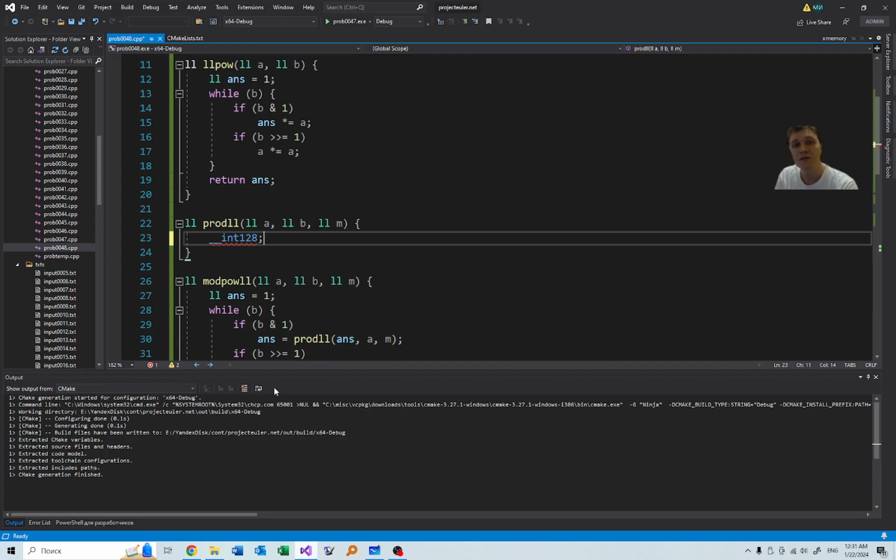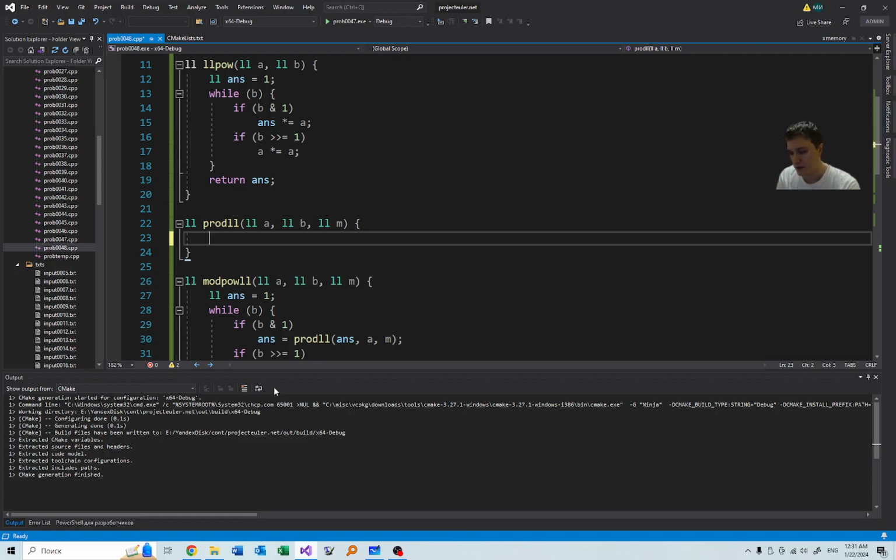But this is overkill. There are plenty of ways to make a modular multiplication without the usage of int 128. And one thing is if m is less than 2 to the power 57, then we can simply use double. How do we use double?